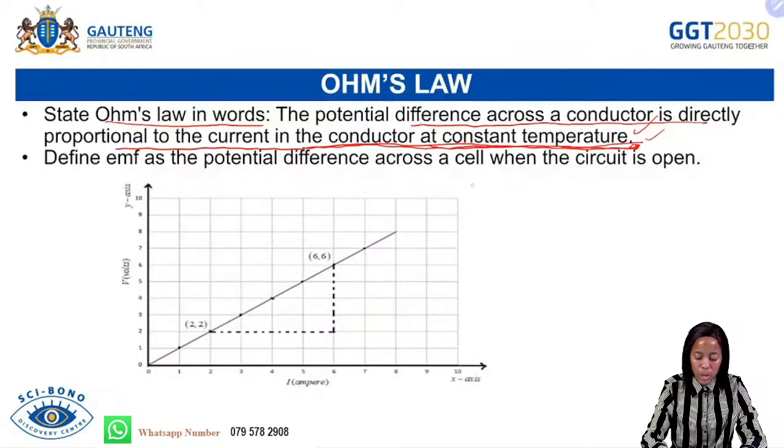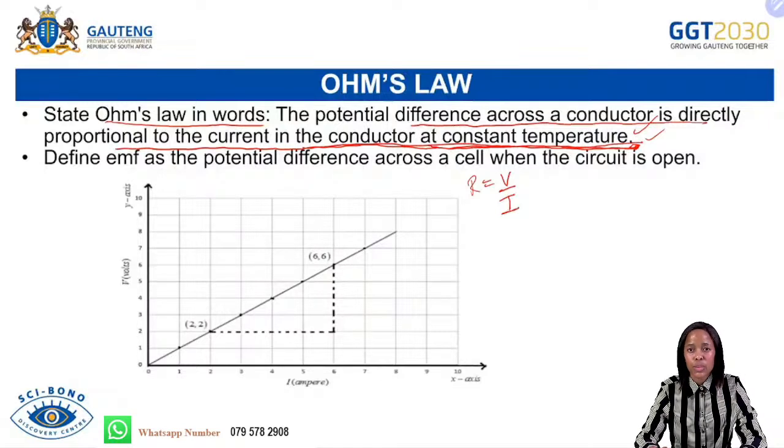So this formula would therefore be representing Ohm's law, okay? Whereby R represents the resistance in ohms, and V is the potential difference in volts, and I represents the current.